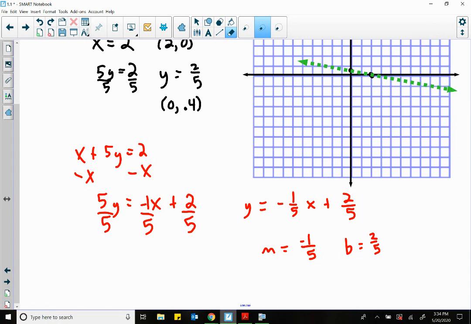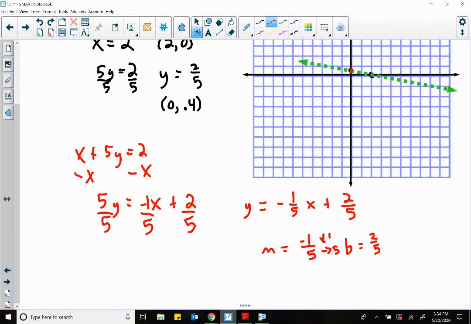So if we were to graph this, we would plot the b value. And again, that's that 2/5 we plotted right there. And then what this tells us to do is to go down 1, right 5. So this is where graphing, like I said, is not always the greatest.